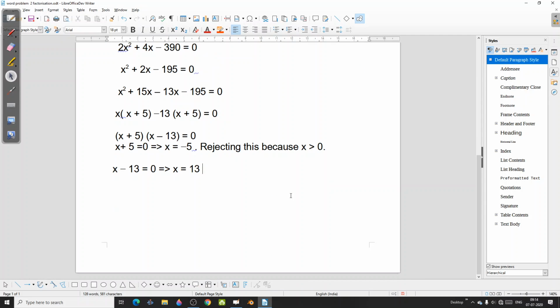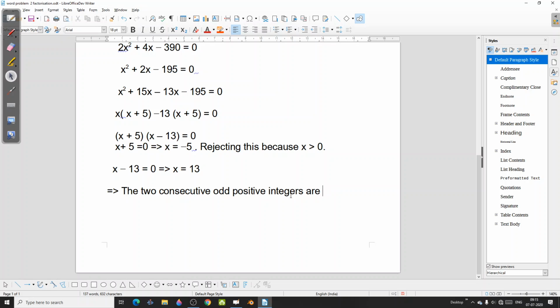So our required answer: the two consecutive odd positive integers are x and x plus 2.